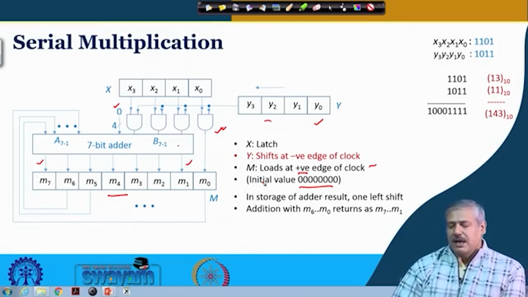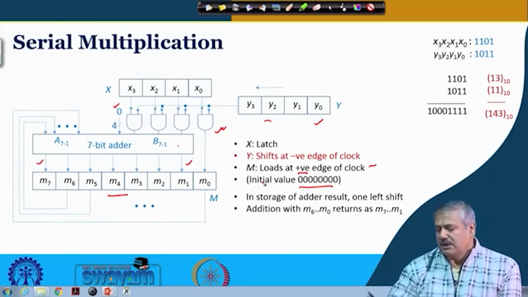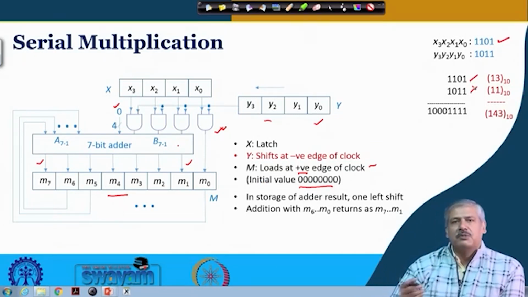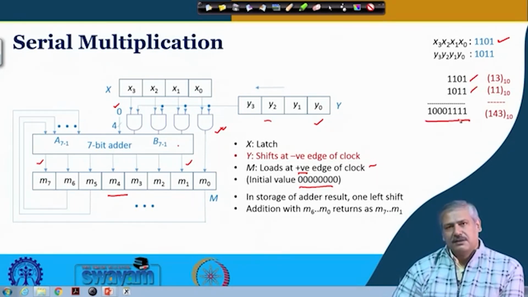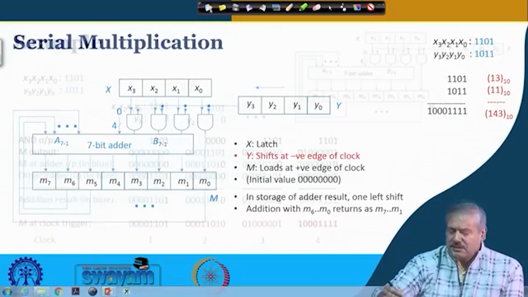The example that we shall take is the one which we have seen before, that is 1101, in our combinatorial logic circuit discussion for multiplier, and we saw that this was the result, and the corresponding decimal value was 143. We shall see that example in the next slide.